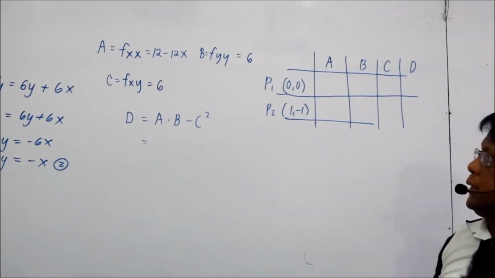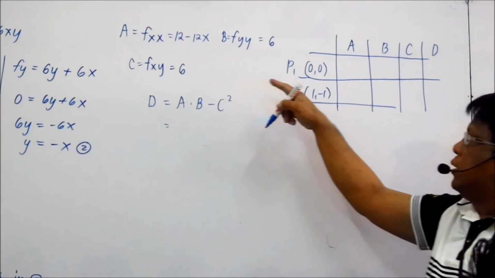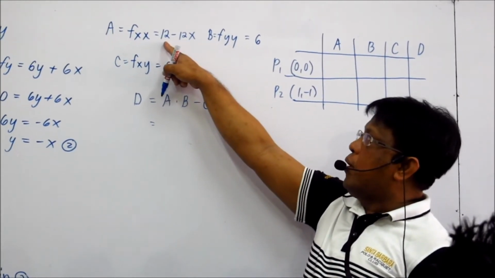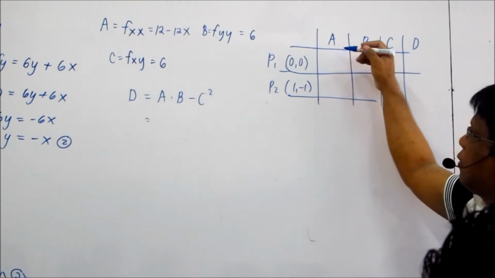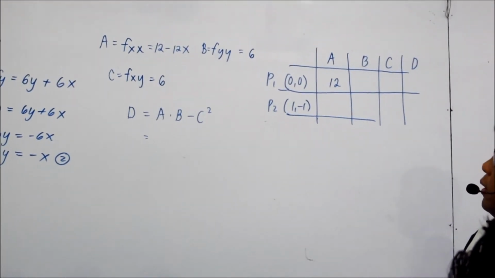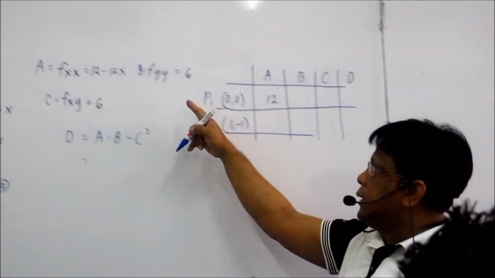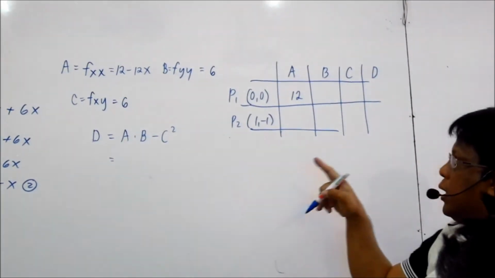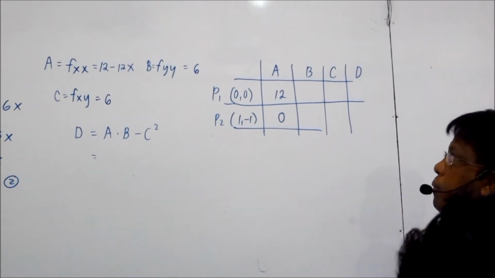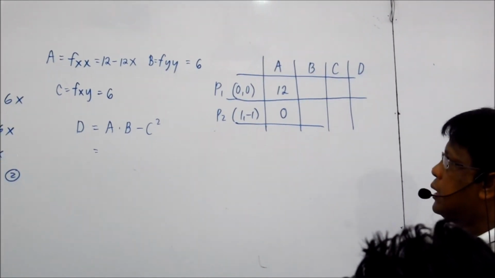Okay, for A, it is 12 minus 12x. So assign 0. What is the value of A? 12 minus 12 times 0. Value of A is 12. What about when x equals 1, what is then A? 12 minus 12 is 0. Okay? What about for B?